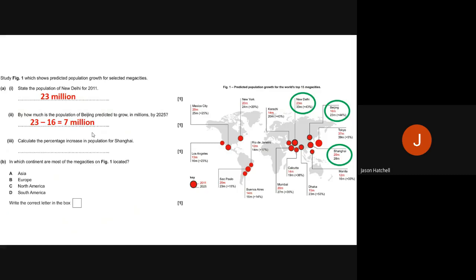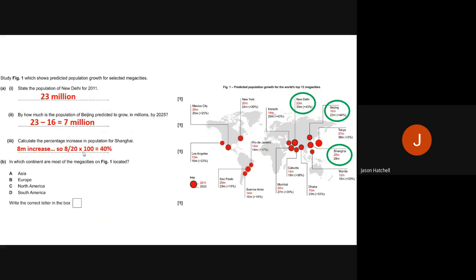We know that Shanghai in 2011 had a population of 20 million, and it is projected to rise to 28 million by 2025. But we're not given the percentage increase for this one, so we have to calculate that. Some of you in your head will be able to work out what the percentage increase is from 20 to 28. Others of you might not know how. So this is what you do on a calculator, because you should always have a calculator in your geography GCSE exam.